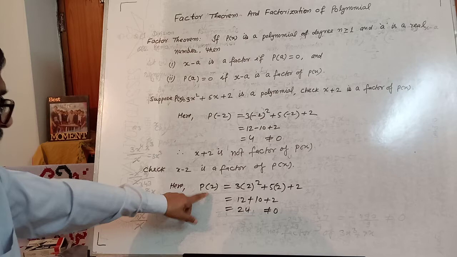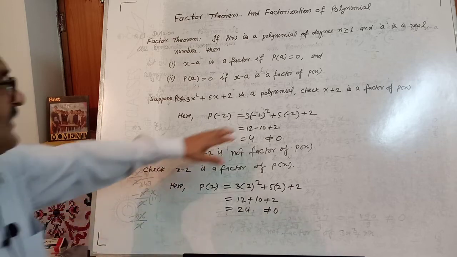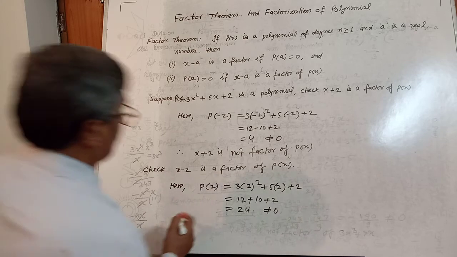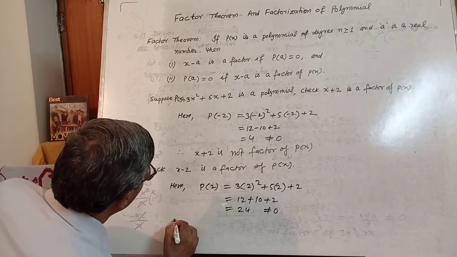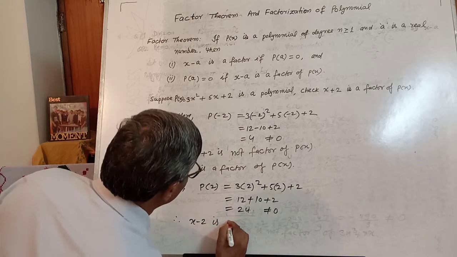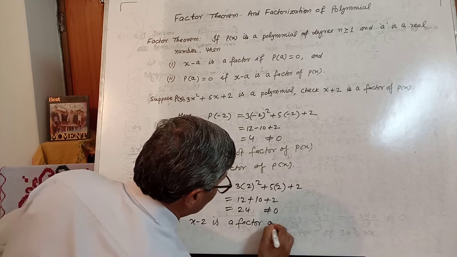So x minus 2 is also not a factor of this. X minus 2 is not a factor and x plus 2 is not a factor. Therefore x minus 2 is not a factor of p(x).